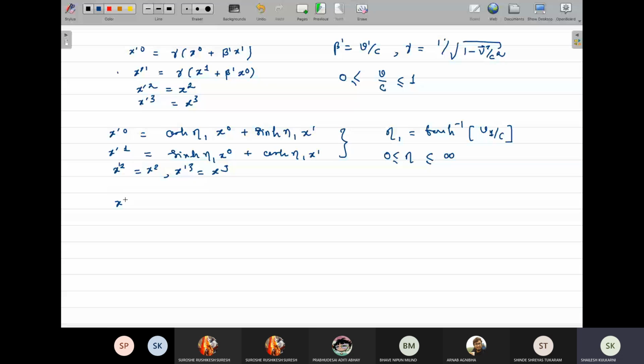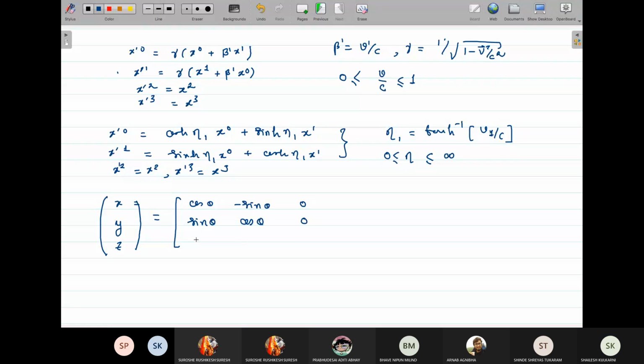The vector (x, y, z) goes to the matrix with rows cos theta, minus sin theta, 0; sin theta, cos theta, 0; and 0, 0, 1, acting on it. So this represents the rotation about the z axis, and the components of the vector will change like this. But note that here this theta is from 0 to 2 pi.